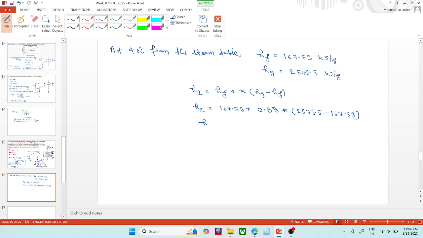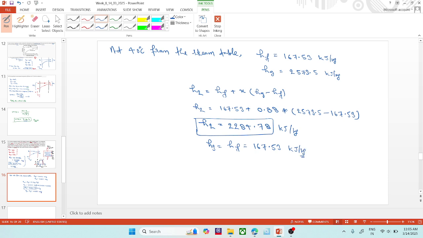This value comes out to be H2 equals 2284.78 kilojoule per kg, and H3 we already have. H3 is equal to HF, which is 167.53 kilojoule per kg.